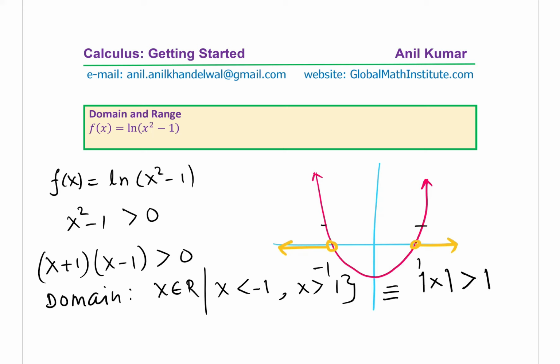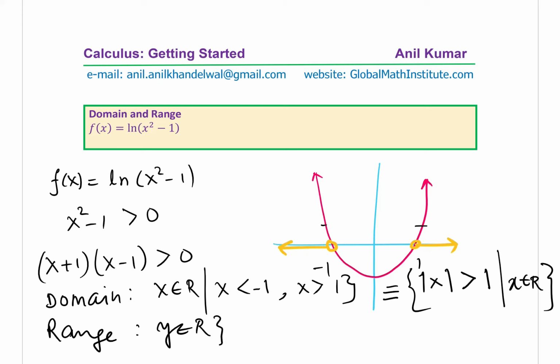So that could be another way of writing this, where x belongs to real numbers. Perfect. As far as the logarithmic functions are concerned, range has no restriction. So we get y belongs to real numbers. Clear? So that is how we are going to write the domain and range of the given function.